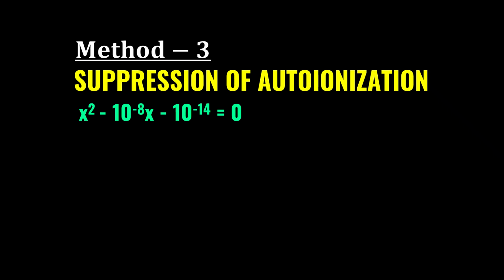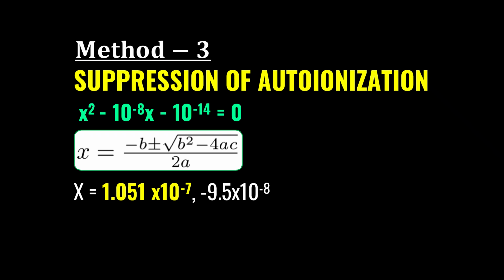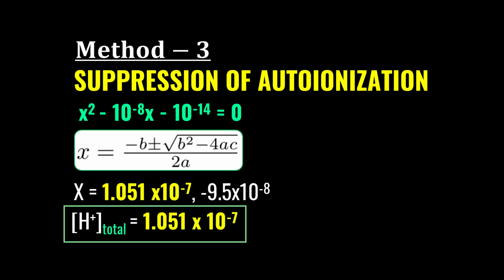The x value will represent the total hydrogen ion concentration of the dilute solution in question. Using this equation here, you can calculate the root values of x. They will come as positive and negative values. The positive value is considered and the negative value is rejected. So the value of x here represents the total hydrogen ion concentration in the solution, which is equal to 1.051 × 10^-7.